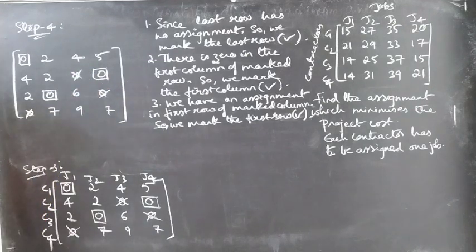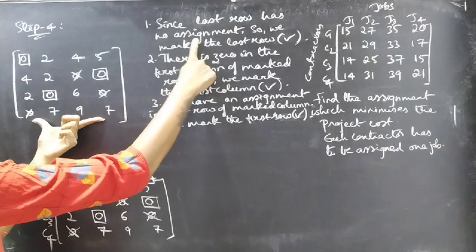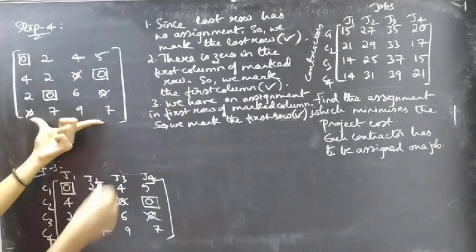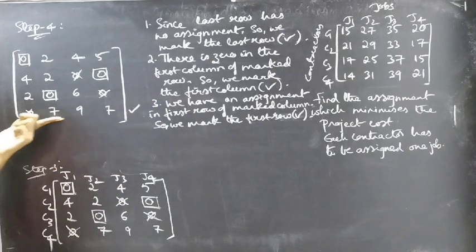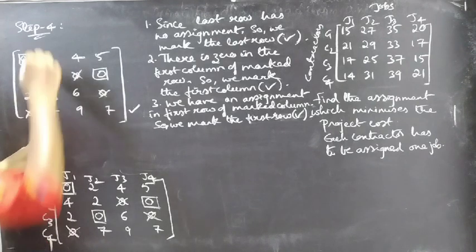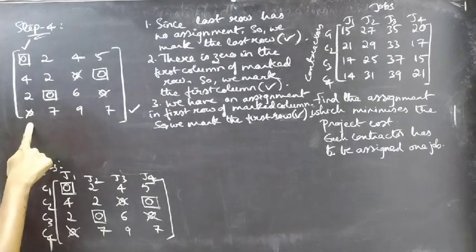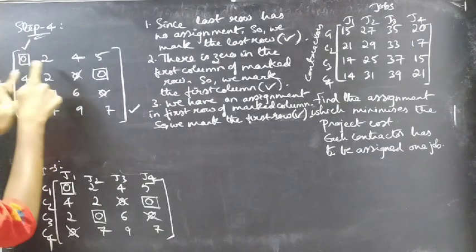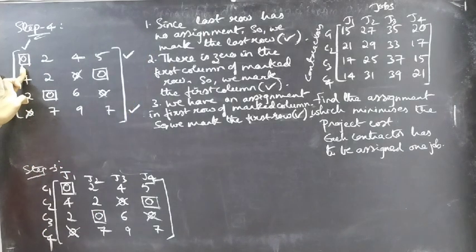Now observe the row which has no assignment. Here the last row has no assignment, so we'll mark the last row. In the same row we have a 0 which exists in the first column, so we'll mark the first column. Again, in the marked column we have one assignment, so mark the first row.